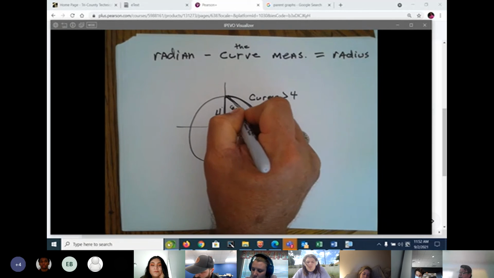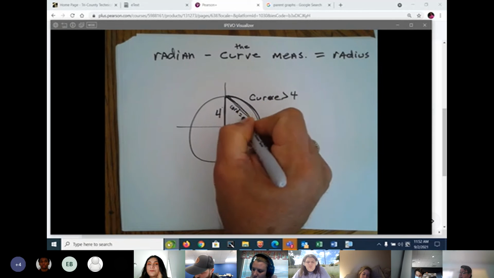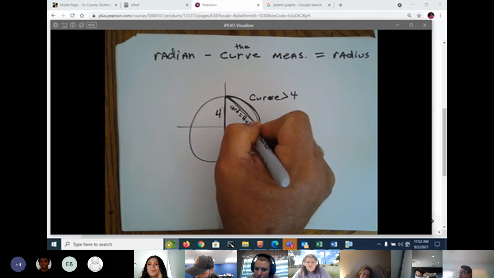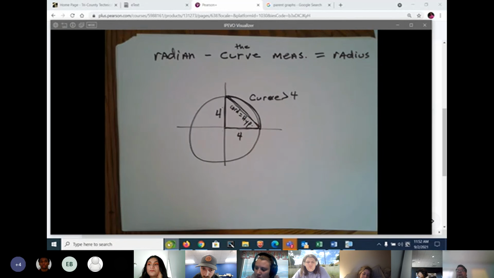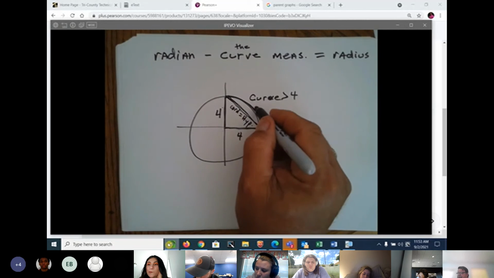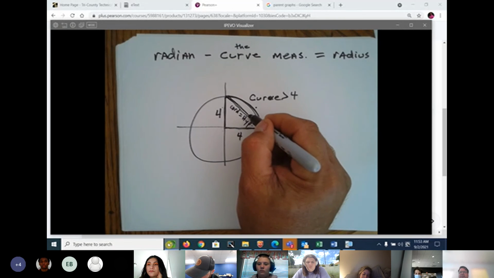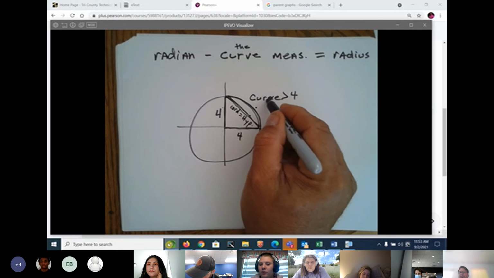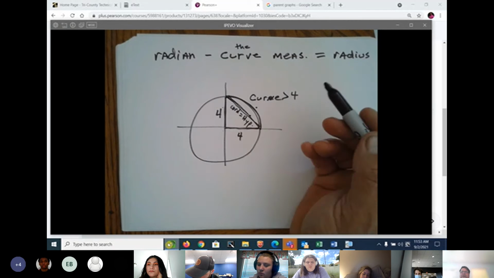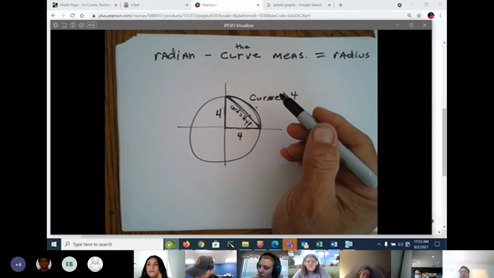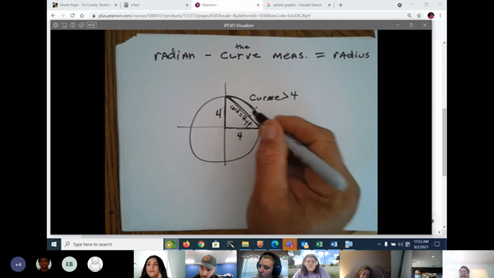So this is the chord, which is equal to the hypotenuse, and the chord is always the longest side. So what can logic dictate about the curve if the hypotenuse is always the longest side? The curve is always going to be the longest. So what is a radian?